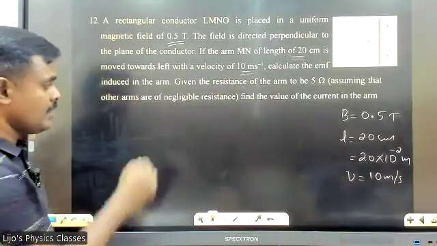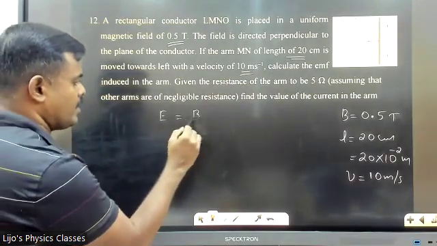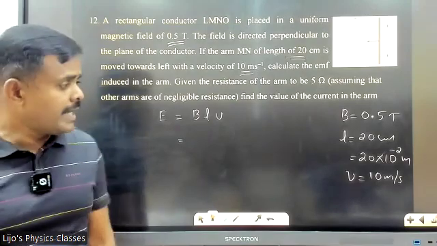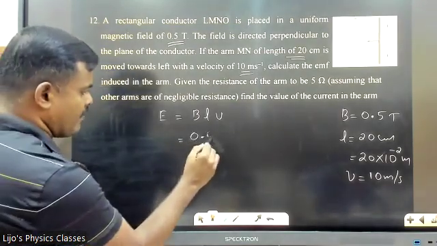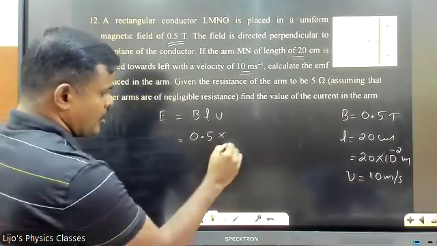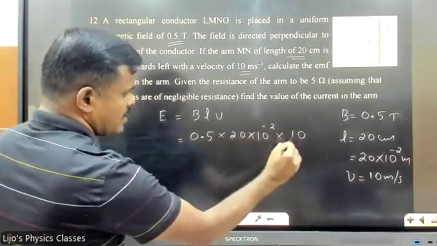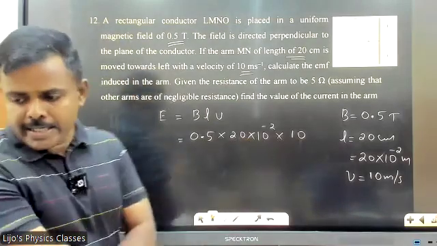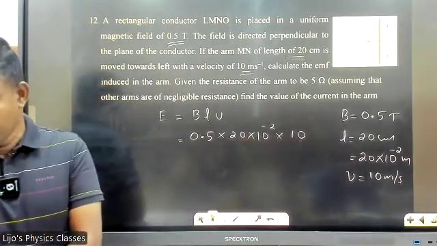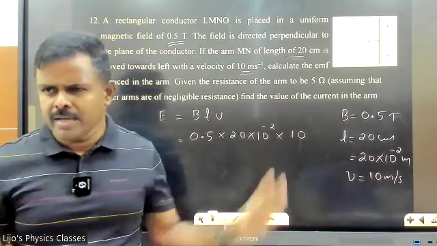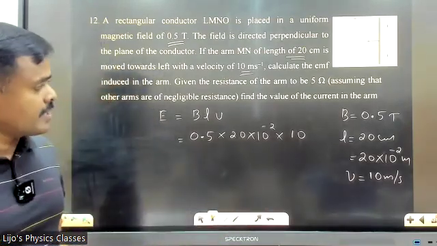Calculate the EMF. You know what to do. EMF is given by what? BLV, isn't it? Motional EMF. What is B? 0.5. Length is what? 20 into 10 power minus 2. Velocity is 10. You're talking about a conductor moving in a magnetic field. Same question was asked in DPS last Monday, in the weekly test.